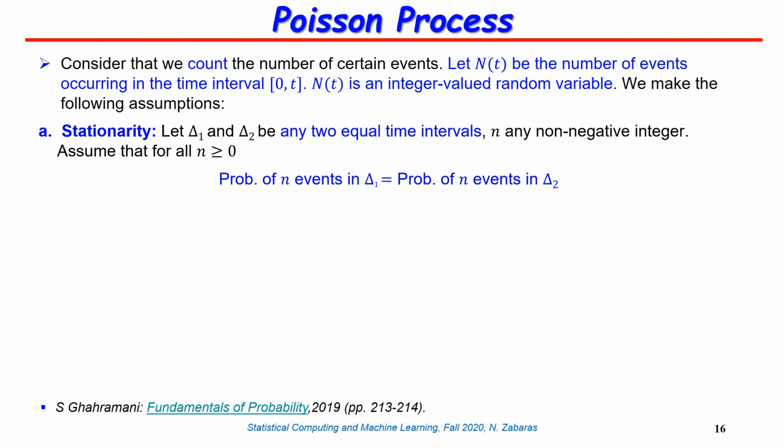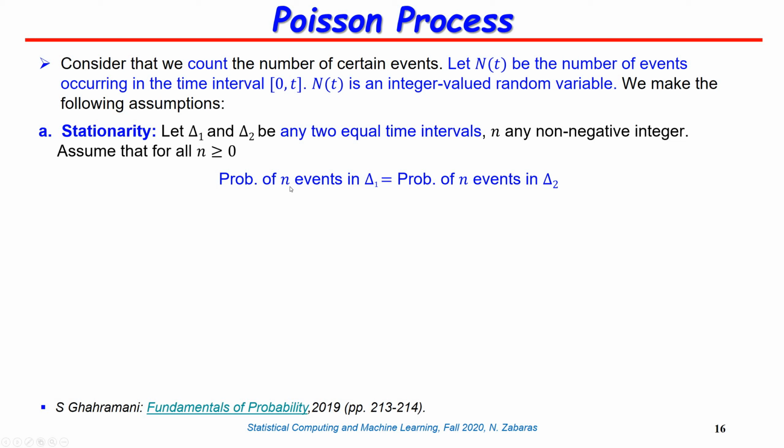So if we take 2 equal time intervals, and by equal I mean time intervals of the same length, right? So delta 1 and delta 2 being 2 equal time intervals. Then for any non-negative integer n, where n is the number of events, the following is true.